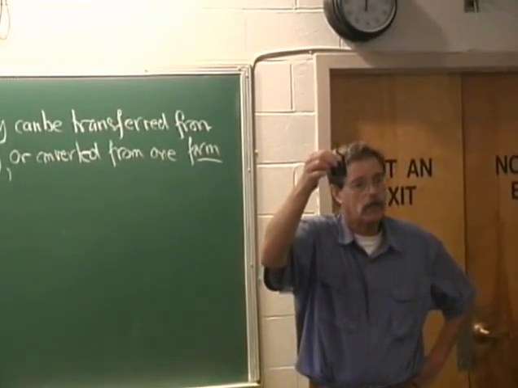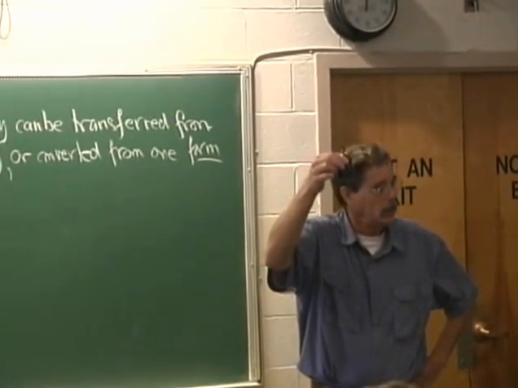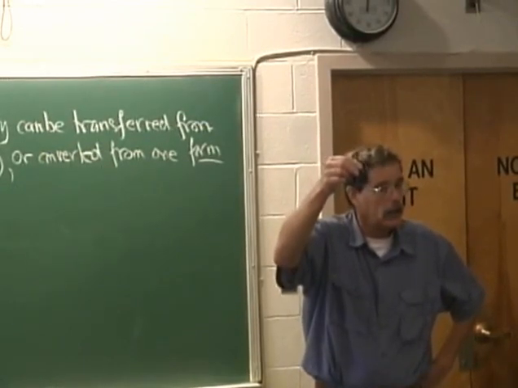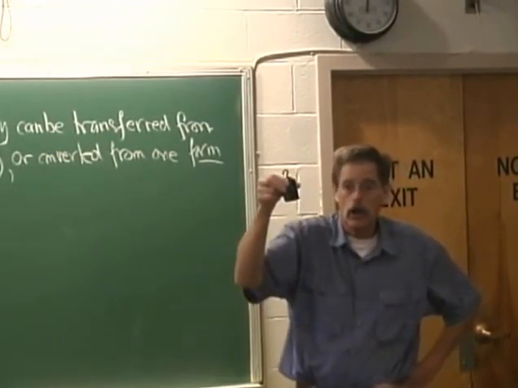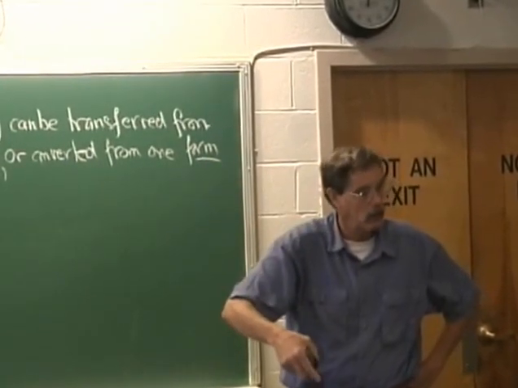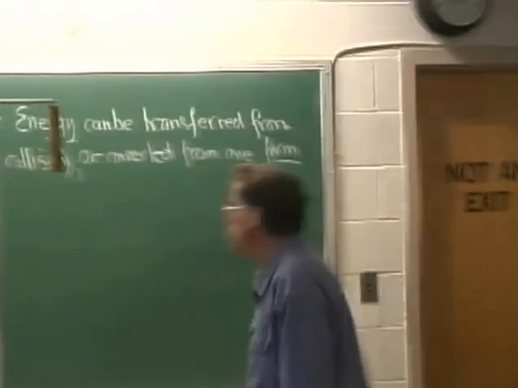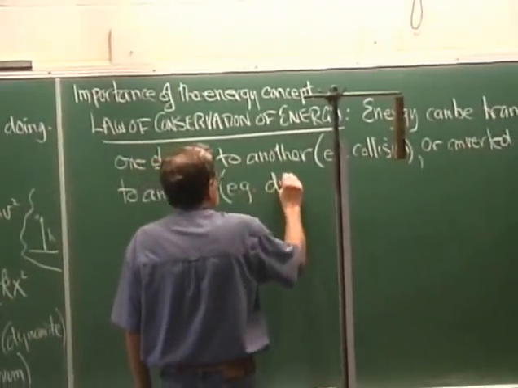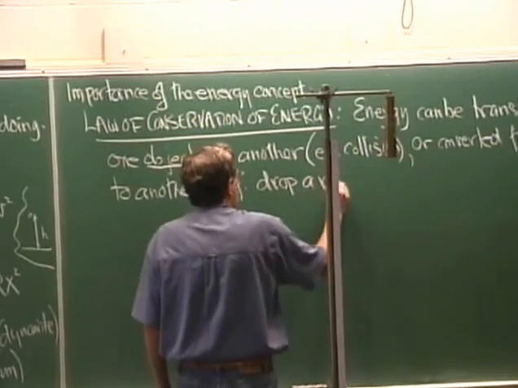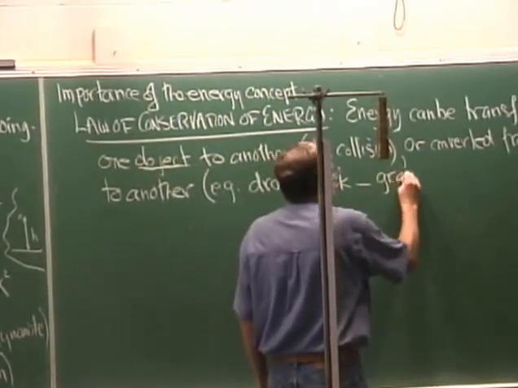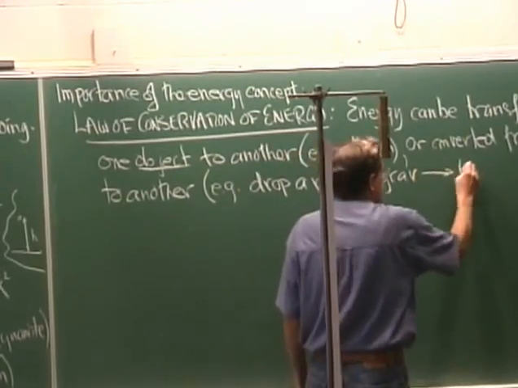When it's just about to hit, it doesn't have any gravitational energy because it's down at ground level, but it's got a lot of kinetic energy. So there was conversion of energy from gravitational form to kinetic form when it hits my foot. So, rock, gravitational, converted into kinetic.